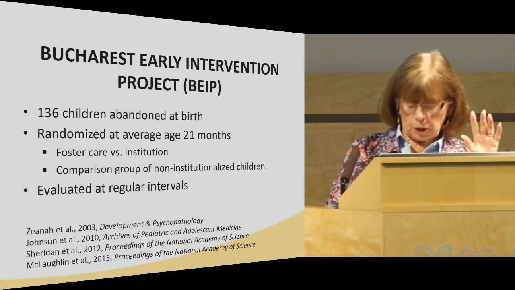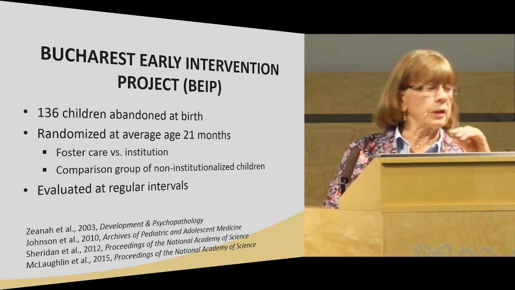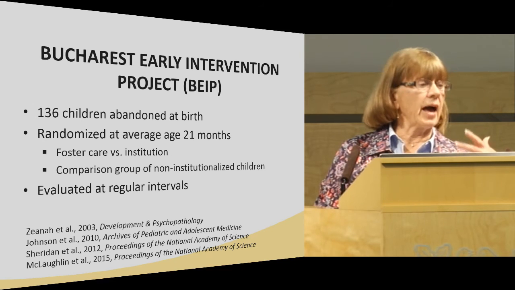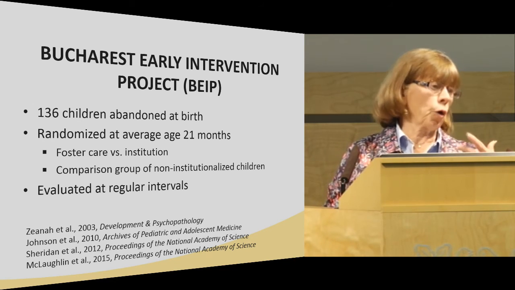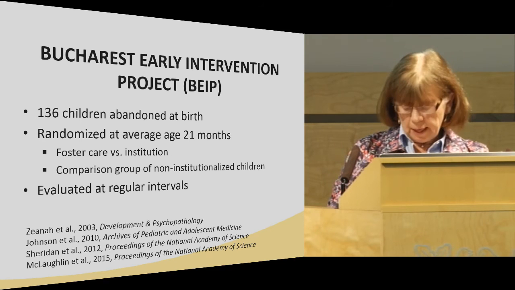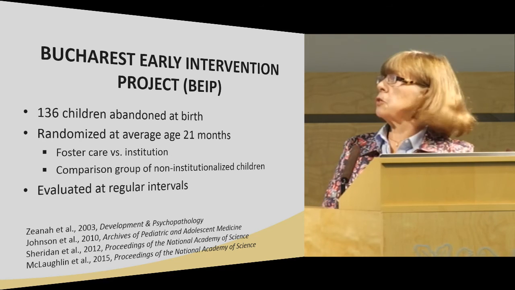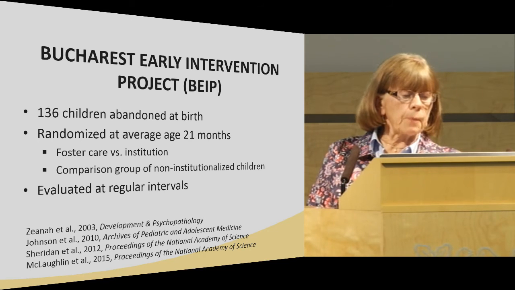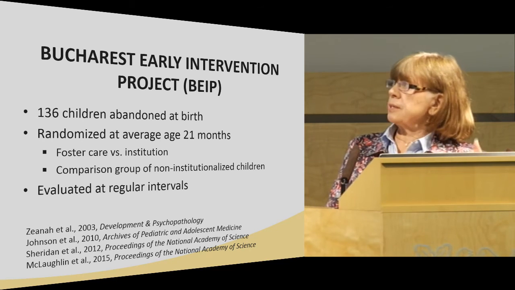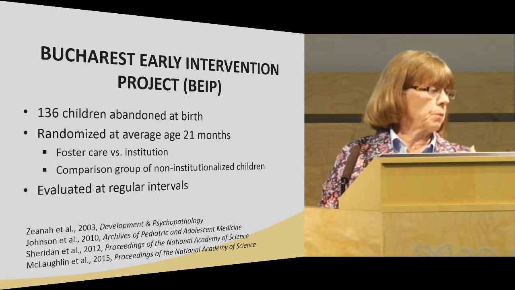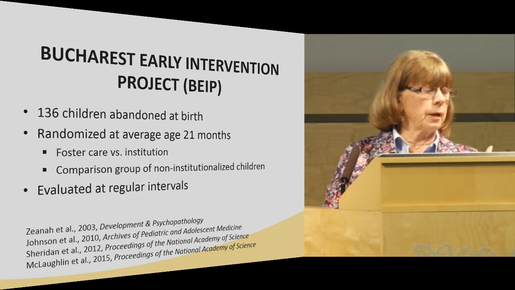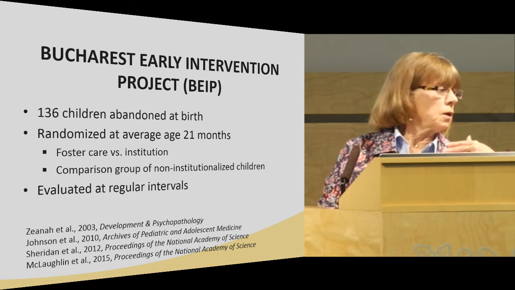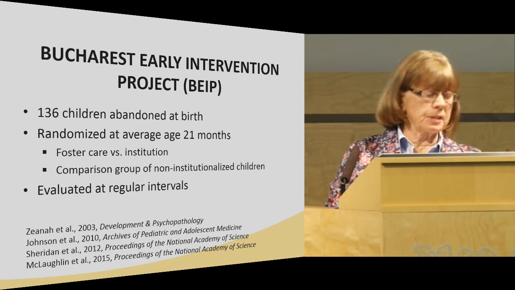I wanted to talk about, some of these things are really very hard to study, and we have a history of taking advantage of naturally occurring events. So the Bucharest Early Intervention Project is a naturally occurring event, and what happened is there were 136 children who were abandoned at birth and placed in orphanages in Romania in quite dismal circumstances.